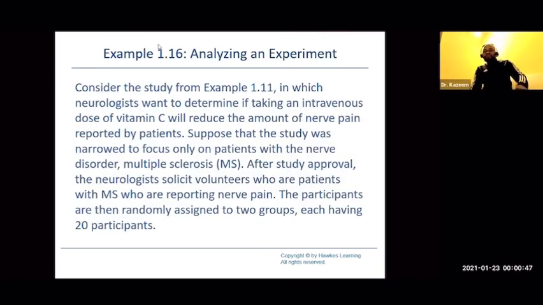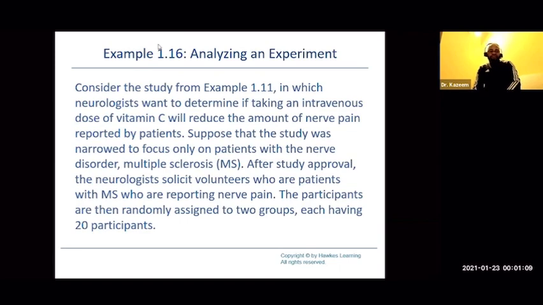Consider the study from example 1.11 in which neurologists want to determine if taking an intravenous dose of vitamin C will reduce the amount of nerve pain reported by patients. Suppose that the study was narrowed to focus only on patients with a nerve disorder, multiple sclerosis.